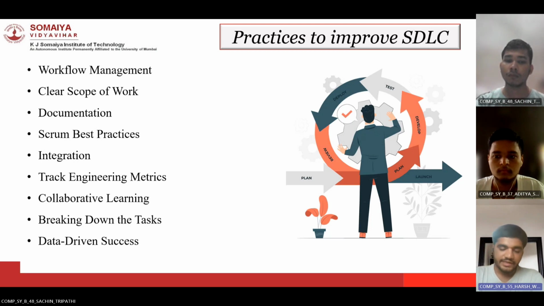We can track the progress using data and manage it accordingly. The next one is breaking down the task. Conduct sprint reviews and development workflow health checks to break tasks into smaller milestones. This helps the manager with better engineering team management. It leads to faster code review, better cycle time, and improved PR metrics.